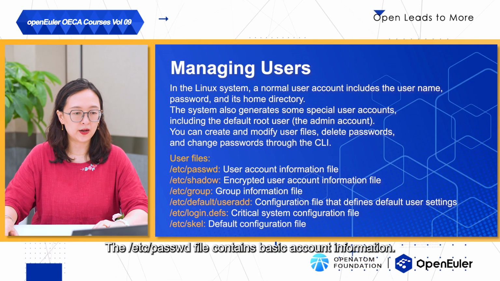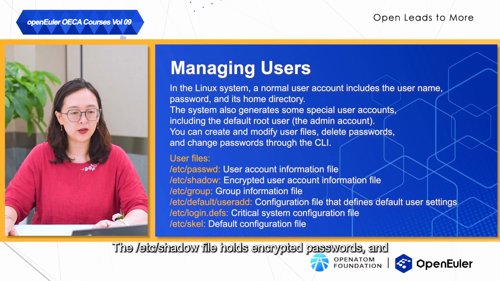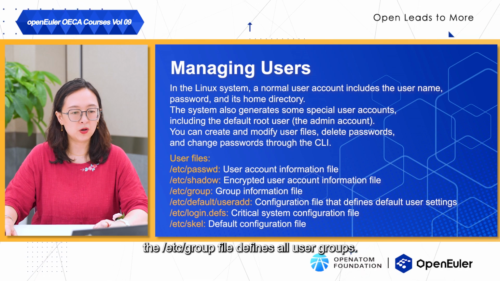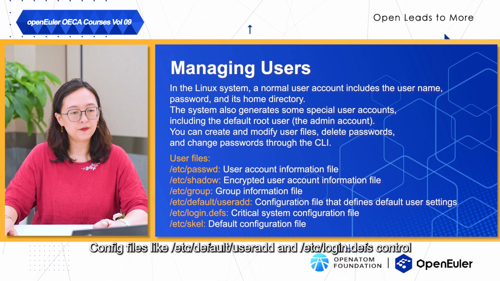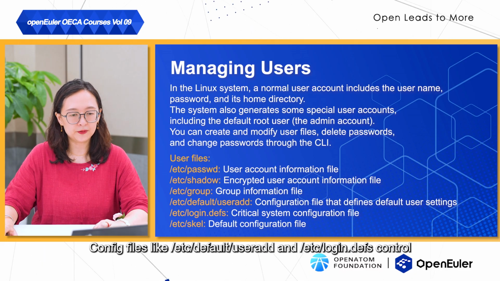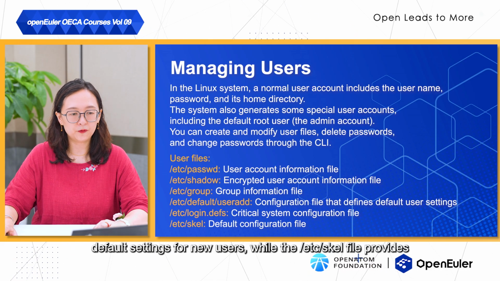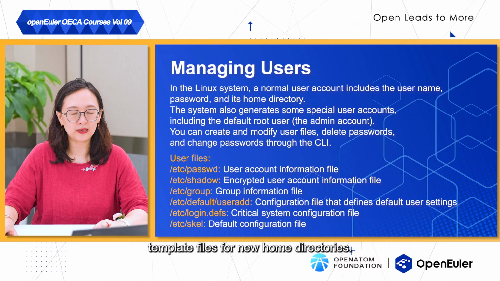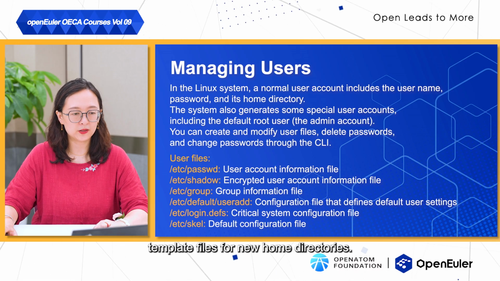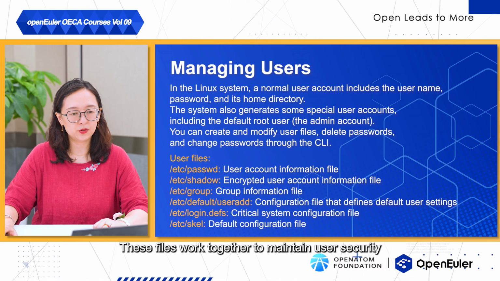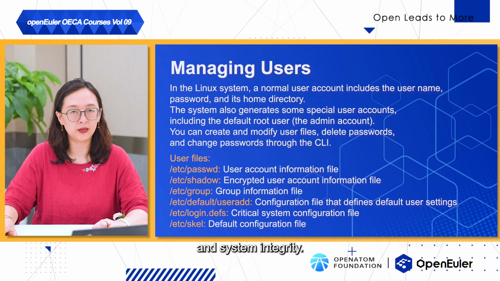The /etc/passwd file contains basic account information. The /etc/shadow file holds encrypted passwords, and the /etc/group file defines all user groups. Config files like /etc/default/useradd and /etc/login.defs control default settings for new users, while the /etc/skel directory provides template files for new home directories. These files work together to maintain user security and system integrity.